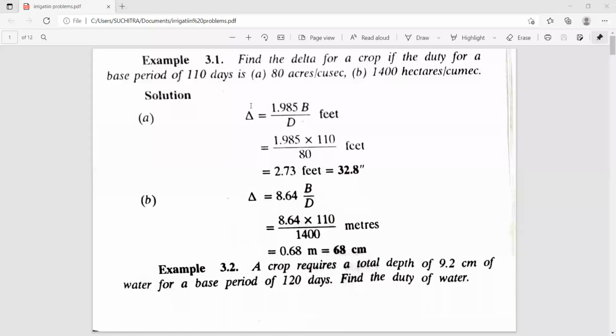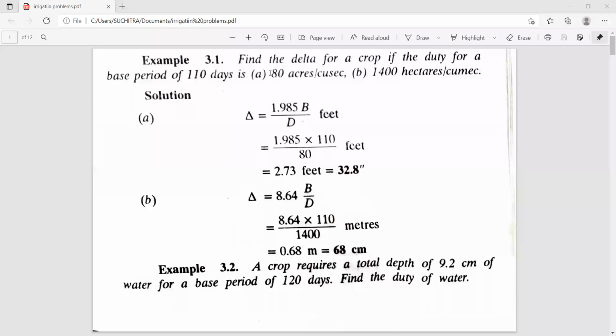Now we know the relationship, that is delta is equal to 8.64 B by D. So we have derived the relationship between duty and delta.